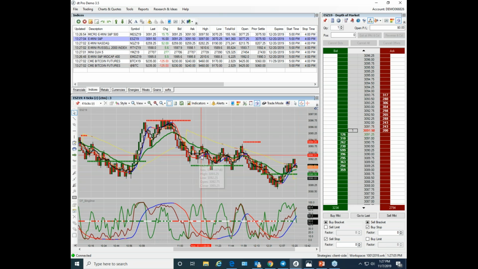Right now, look at what was happening before. Sideways action here until we finally broke dynamic support. There was a low here, we broke it. So honestly, it wasn't until then that I would have said, okay, maybe we're trending now.